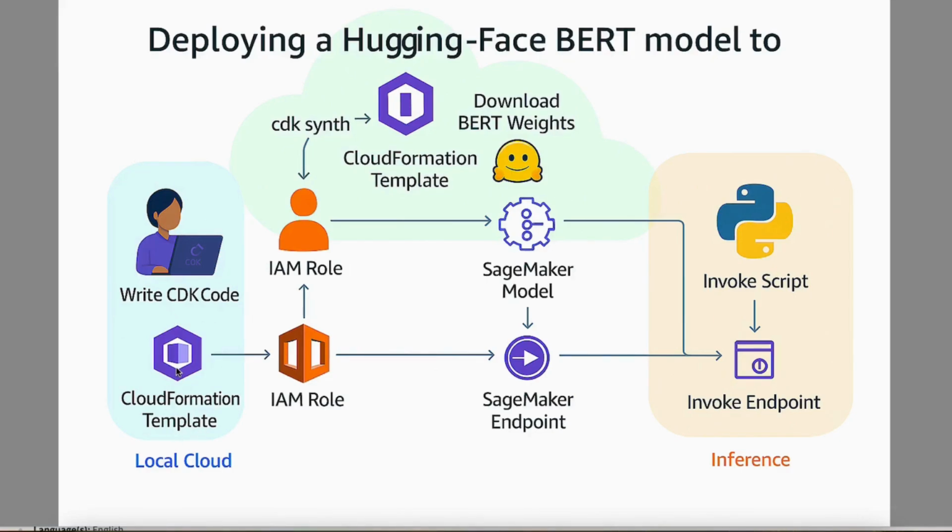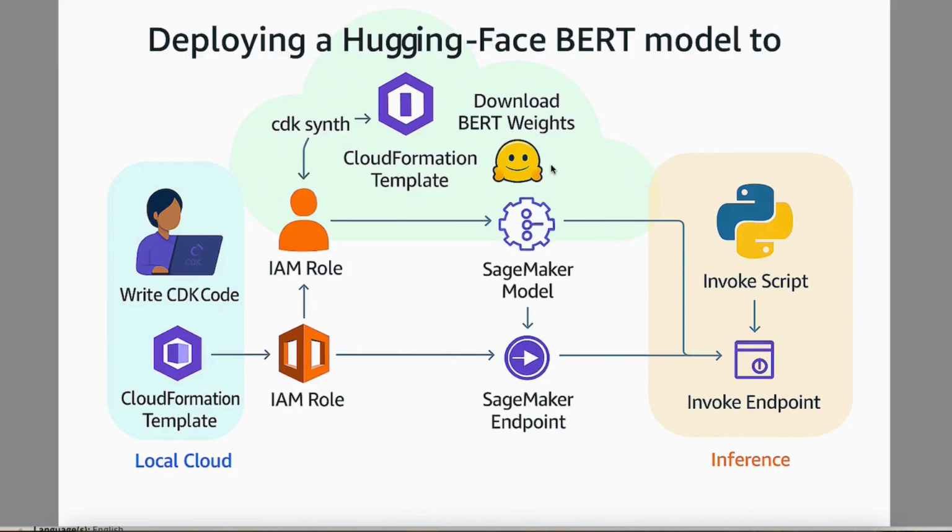Once our code is ready, we use the CDK synth command to generate a CloudFormation template. Next, that CloudFormation template is deployed into the AWS Cloud using the CDK deploy command. SageMaker then downloads the BERT model directly from the Hugging Face Hub using the environment variables that we will define, such as HF model ID and HF task. You will know more once we start diving into it.